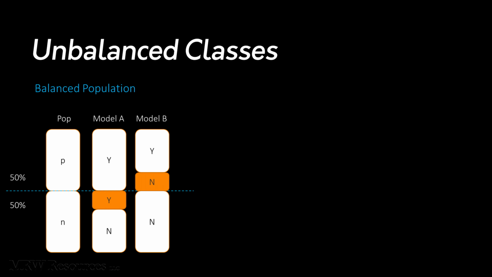Let's consider two models, Model A and Model B, for a churn example. If we have 1,000 customers and we're going to estimate a ratio of 1 to 9 for churn, let's say we found a data set that has the classes split 50-50 down the middle. Models A and B both correctly classify 80% of this balanced sample.